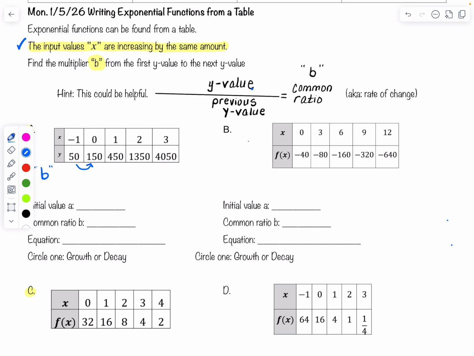How are they multiplying 150 to get 450? How are they multiplying 450 to get 1,350? And so on. Now, whatever they're multiplying by has to always be the same. That's how we find our common ratio b.